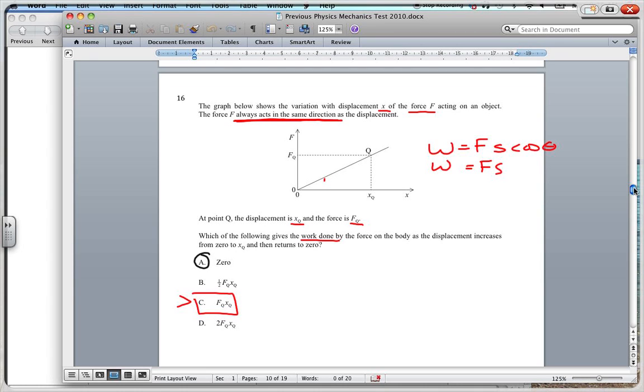It's actually the area underneath here, because your force is increasing and your x is increasing. Now as the displacement increases from 0 to x and then returns to 0, basically what's happening is you've got something like that.